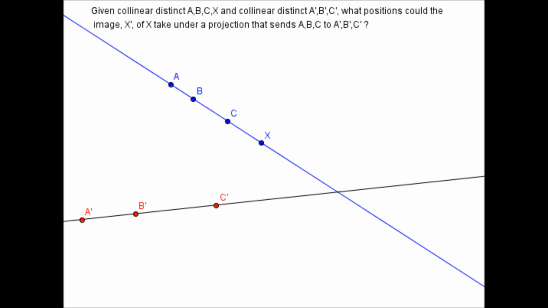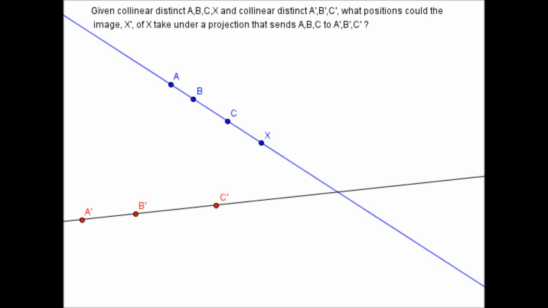And we've looked at this kind of projection before, maybe with a bit different labeling, but it's quite elegant really. The way you do it, for a start, let's suppose that our 2 lines are distinct. So our first line has these points A, B, C, and X. And our second line has these points A dash, B dash, and C dash.